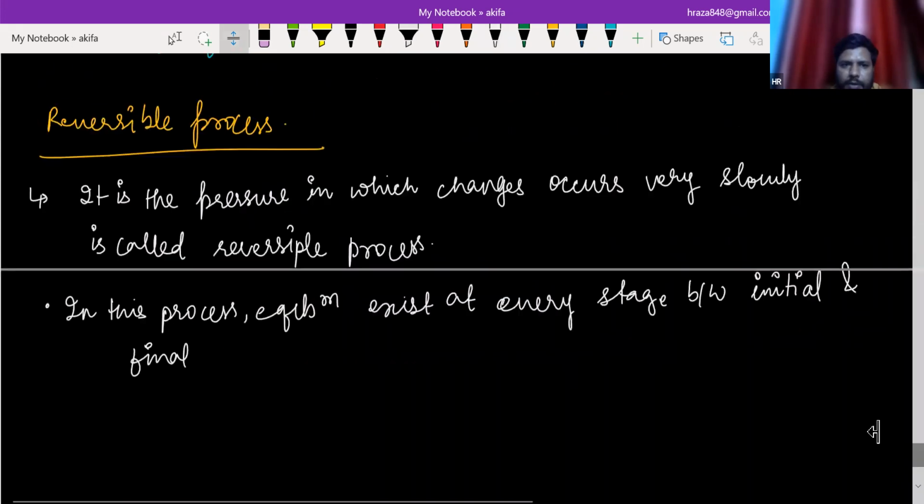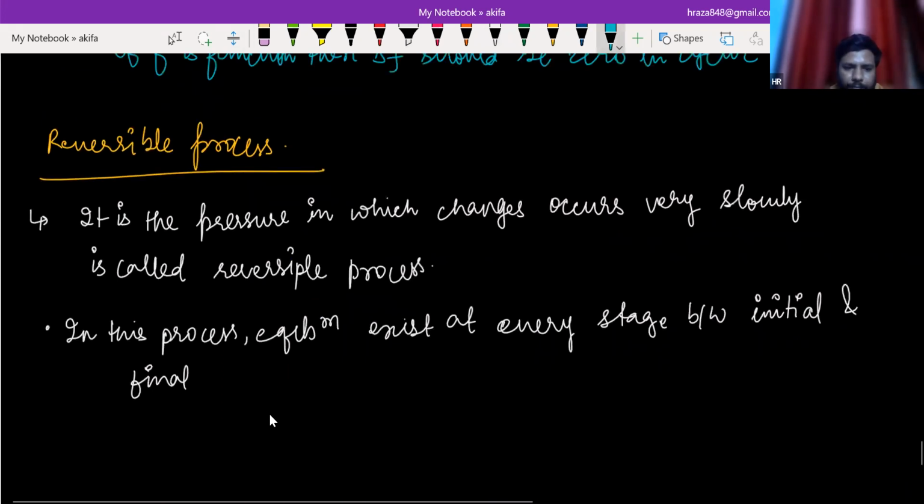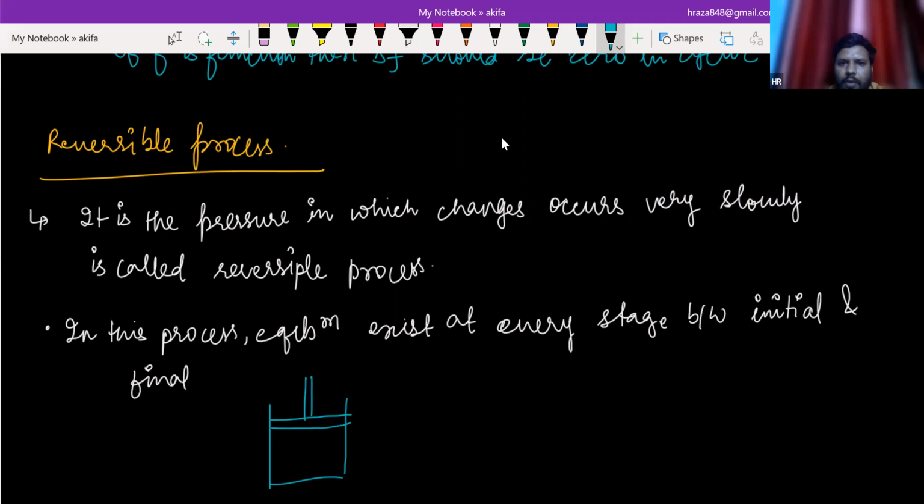There is a container in which a piston is present. Here is the piston. Now see, here are some particles of sand, a large number of particles of sand.